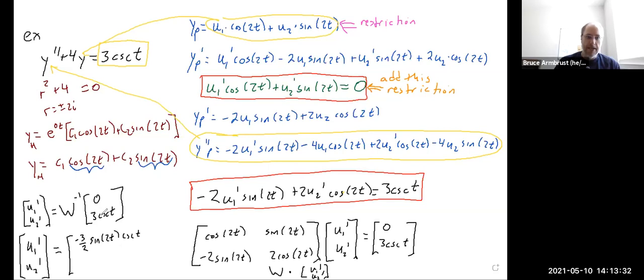The 3 cosecant came from that piece, and then the minus 1/2 sine of 2t is the bit from the multiplication.